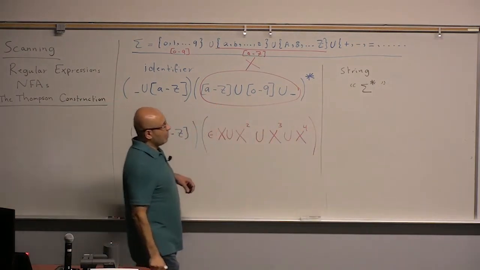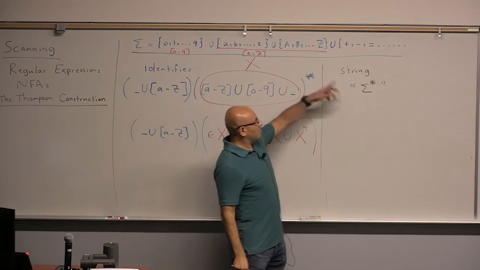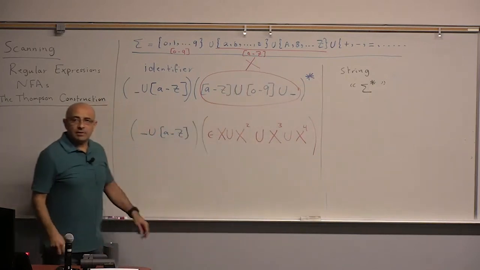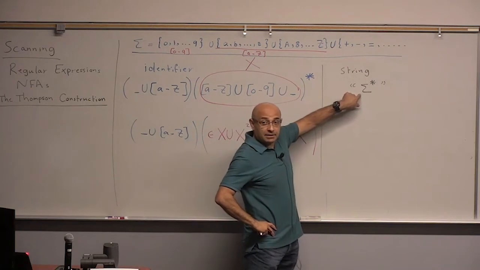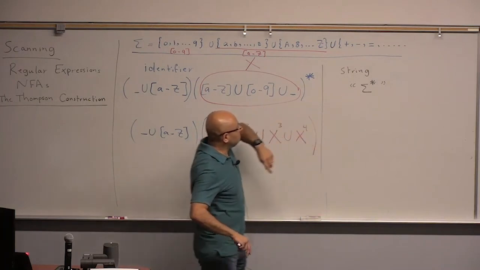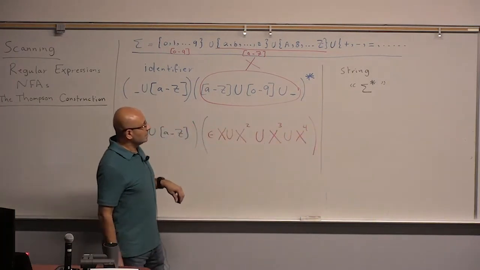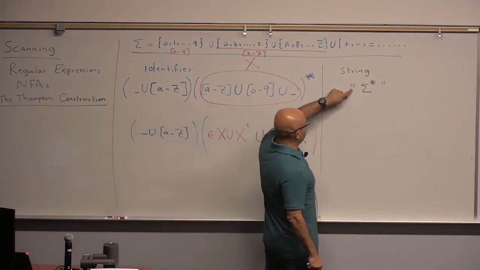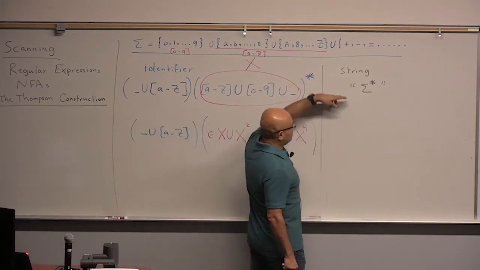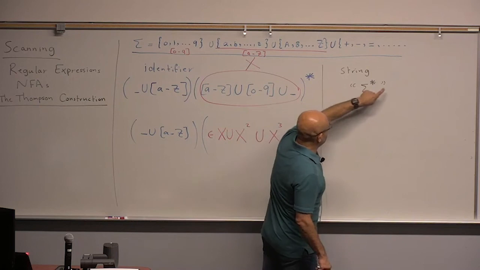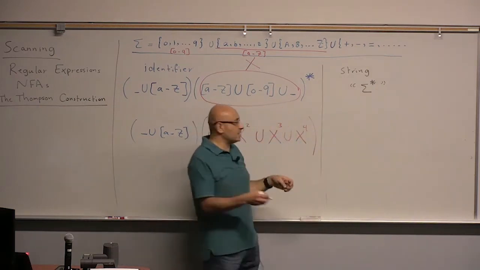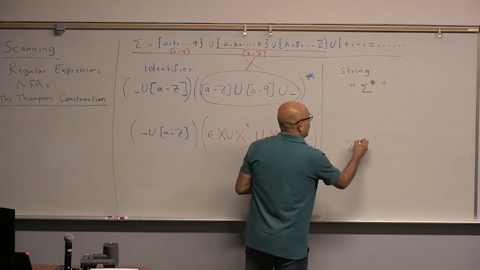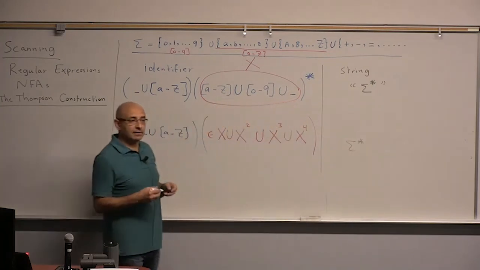So this is your first attempt to write a regular expression for a string. So you're saying that you have the quotation, open quote, close quote, and inside of this you can have anything. Sigma star is just anything, right?